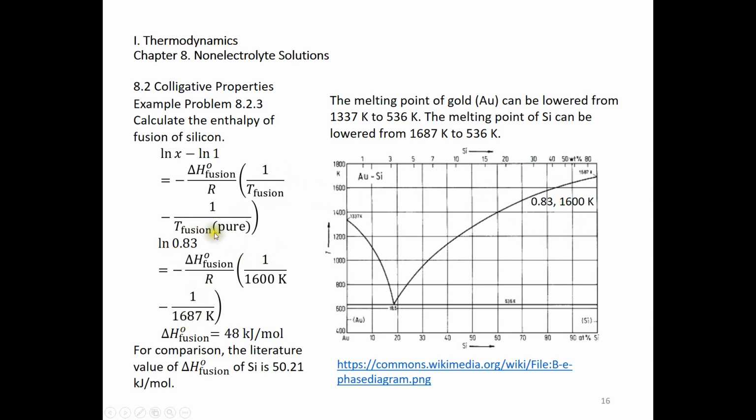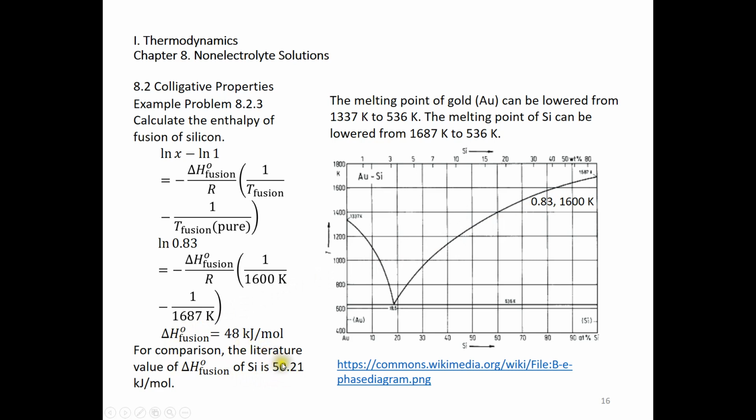So you can see we have this equation set up already. R, we know its value. We can just compute the enthalpy of fusion. After we compute this, we'll get 48 kilojoule per mole as the enthalpy of fusion for silicon. The literature value is 50, so pretty close.